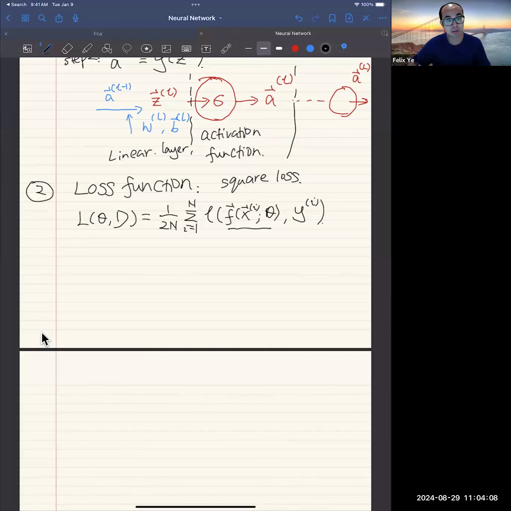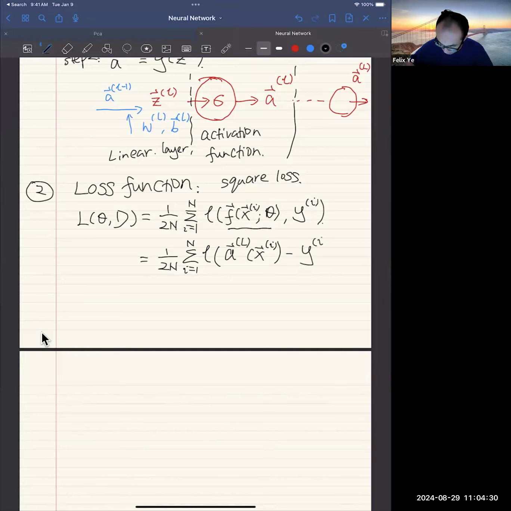This is my output, so we just plug in the output.